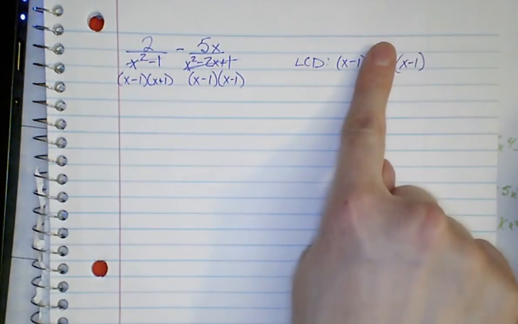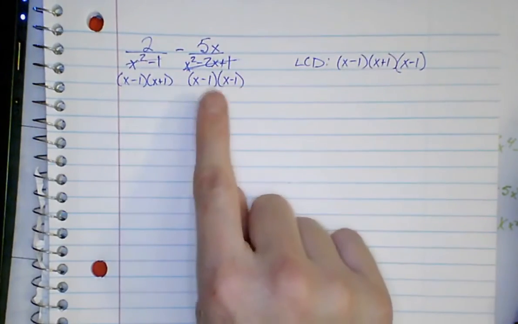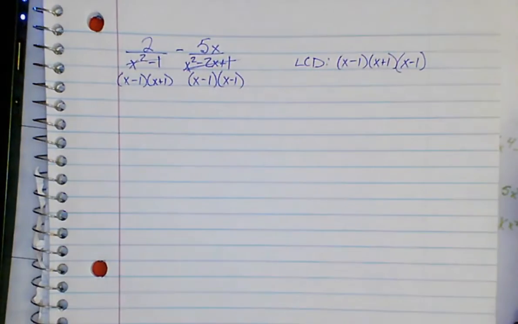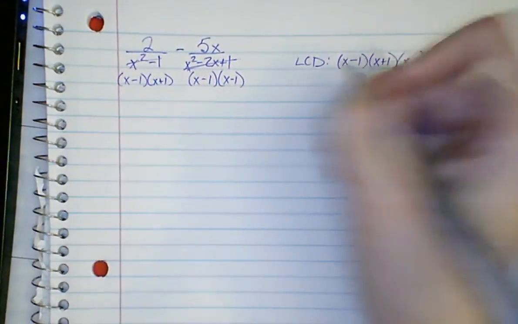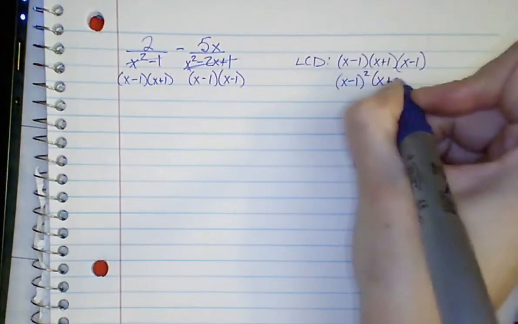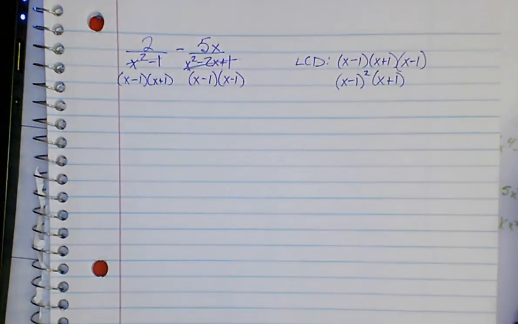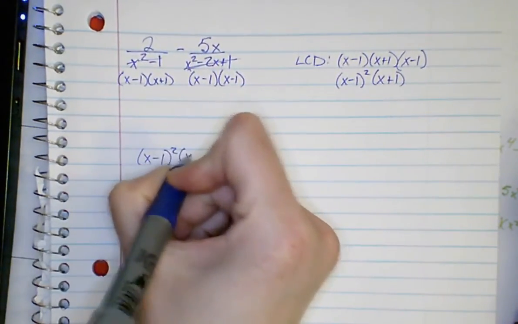If I cover up the middle one, I have my second denominator. Okay, so it's very important to include both of them. Now, going on, since we have two x minus 1s, I can write that as x minus 1 squared. And it doesn't matter how you write them.